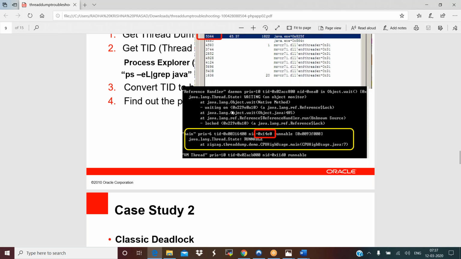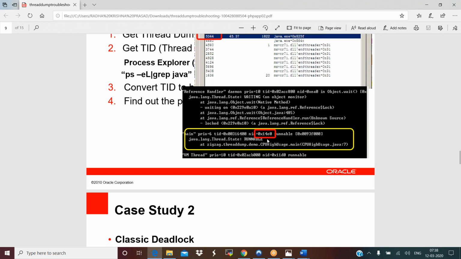So if you want to check the native thread ID, you will see something like NID equal to 0x something, like 0x14E0. This is one of the important values, called the native thread ID. This is the crucial information.